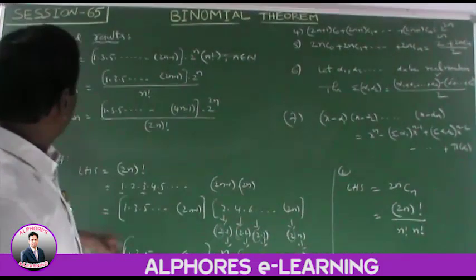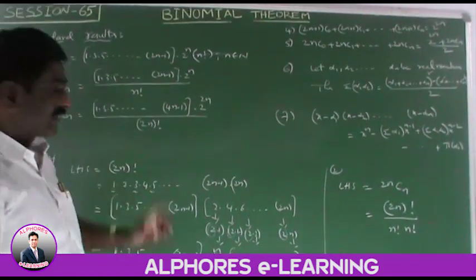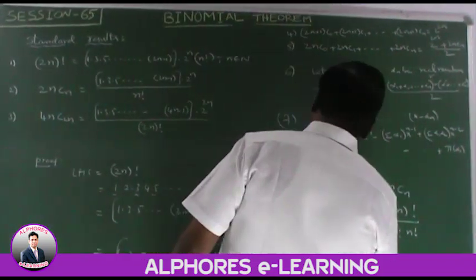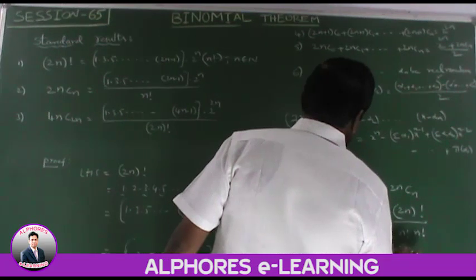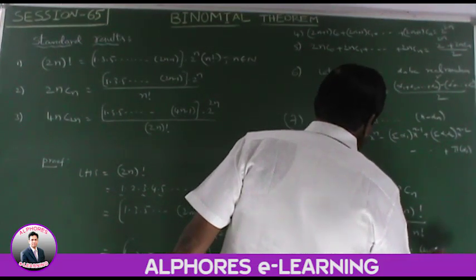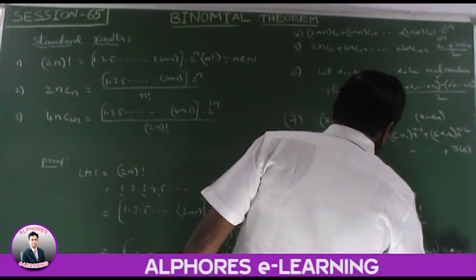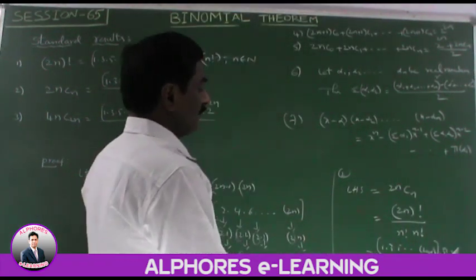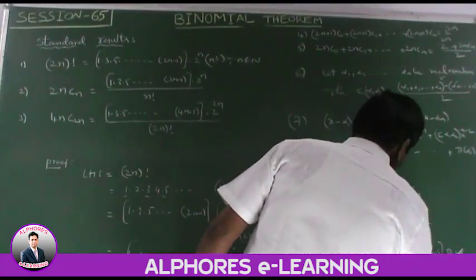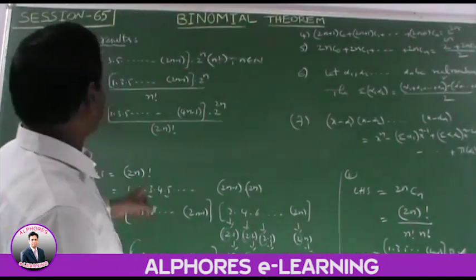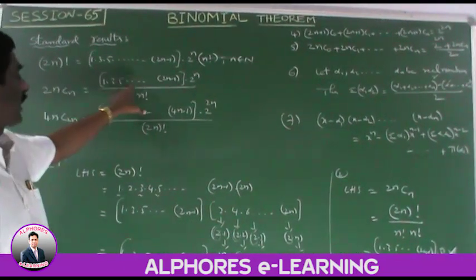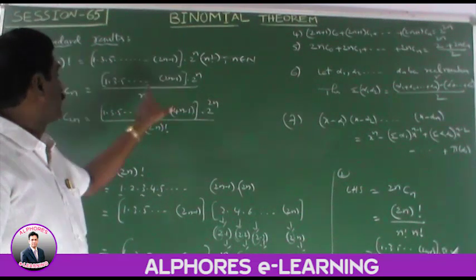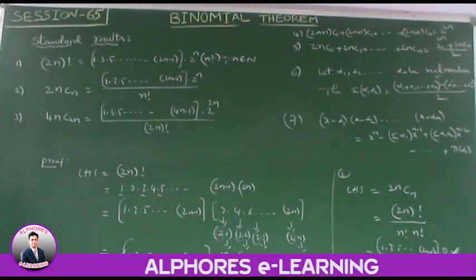Already we proved (2n)! is equal to this value, that is 1 into 3 into 5 into so on (2n minus 1) into 2 power n into n factorial, by n factorial. This n factorial cancels. So finally we get 1 into 3 into 5 into so on (2n minus 1) into 2 power n by n factorial. Very, very important.